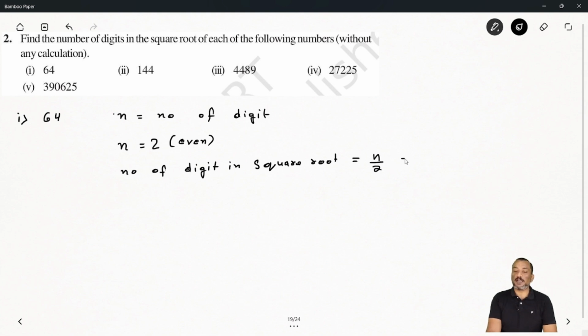Here n is equal to 2, so 2 by 2 gives 1, which means the square root will have 1 digit.